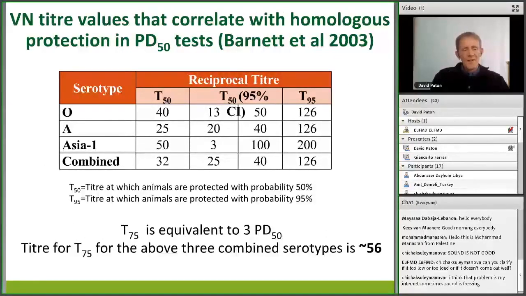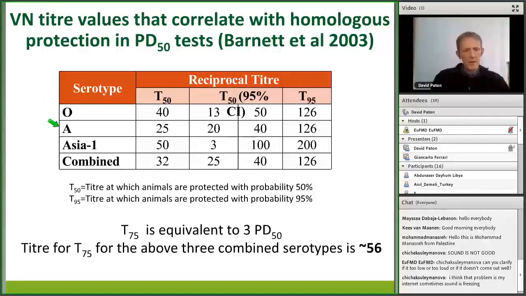So what follows now is a couple of tables that show where people have looked at what is the actual correlation between antibody thresholds in different tests with vaccine potency tests with challenge. This first slide shows a paper that was published some years ago, and they were looking at 3 serotypes, O, A and Asia 1, which you can see here on the left-hand side of the table.